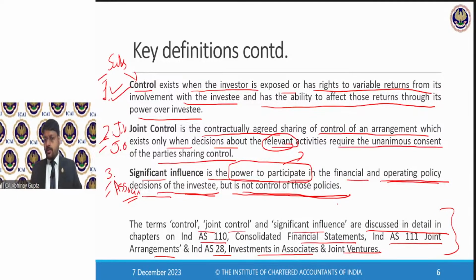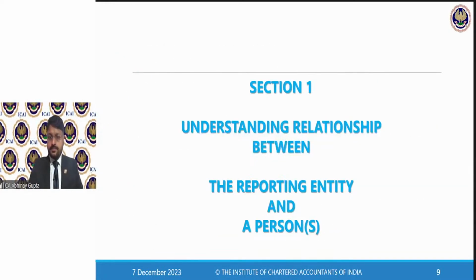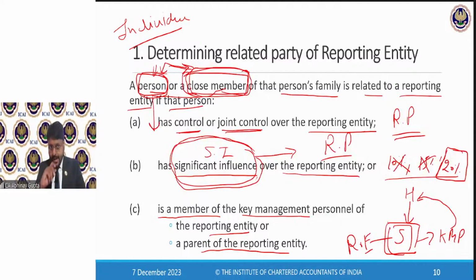I have the right or power to participate or say something, and it is a reasonable expectation that the other party will listen and act accordingly. But I cannot control or force those policies or decisions. So that is significant influence. Clear? Any doubts here? Just let me know, clear, not clear, or whatever doubts you have.